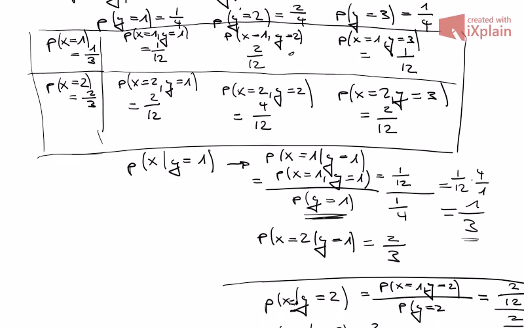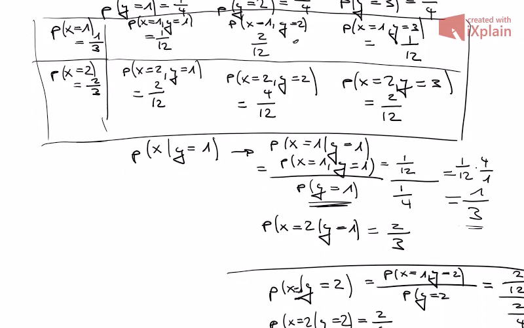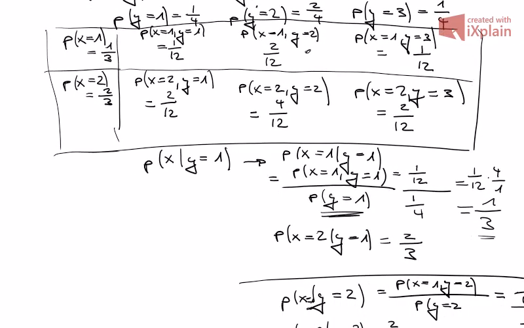What this means essentially is that the probability distribution over x given y, so for different values of y, is always equal to the marginal distribution. Yeah, and what this also means is that the probability distribution, very intuitively, over x doesn't change as y changes.